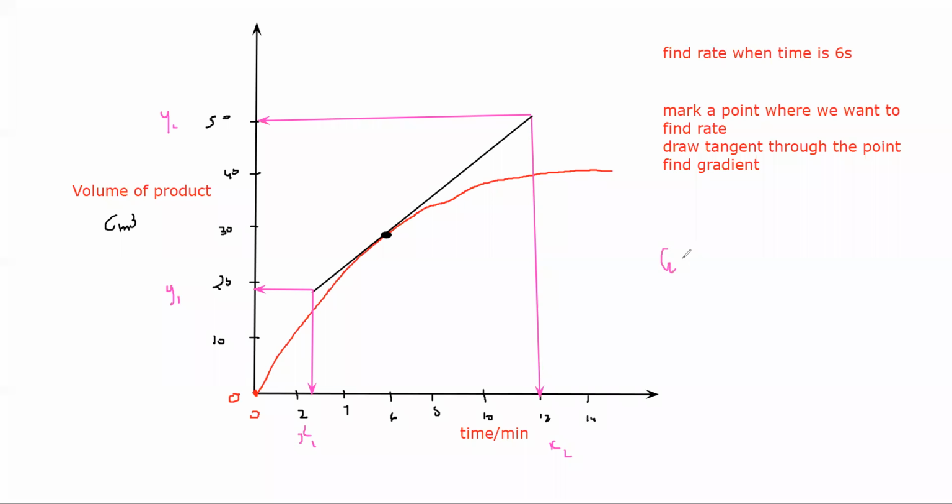So we'll use the gradient y2 minus y1 over x2 minus x1, and then substitute the values. When you substitute the values, you will get the final answer. Is it clear? I'm not doing the calculation part here. So if it's a product against time, you just mark a point and draw the tangent.